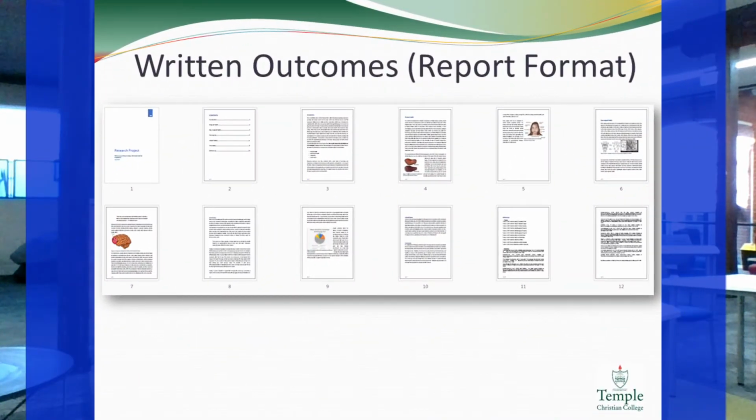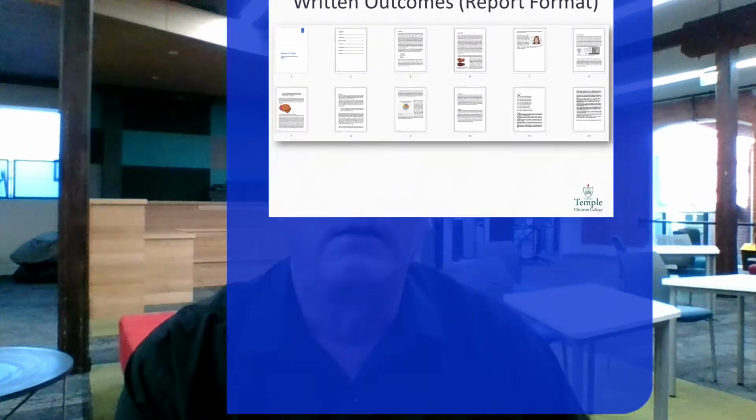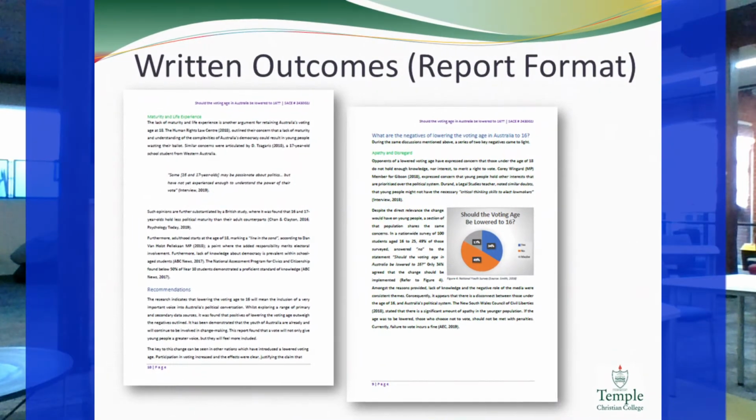Here's another example of a written report. It has a title page, table of contents. You can see that there are some images in here that have been referred to, a graph, and all of the references at the end. Another example here of a written report, again using tables and graphs.